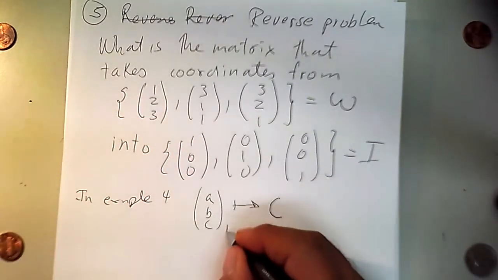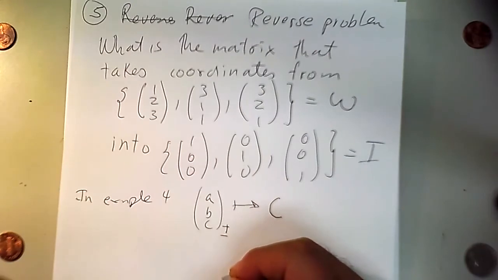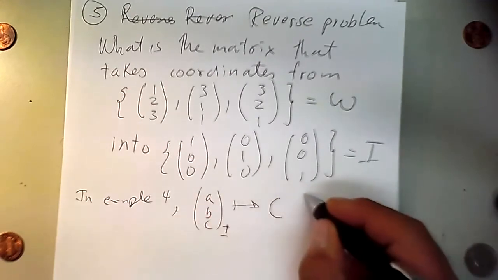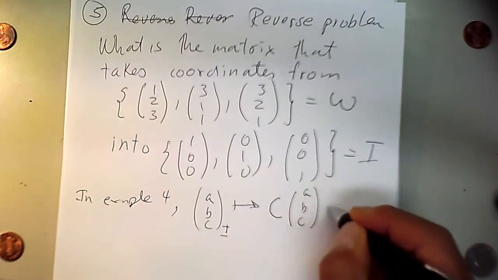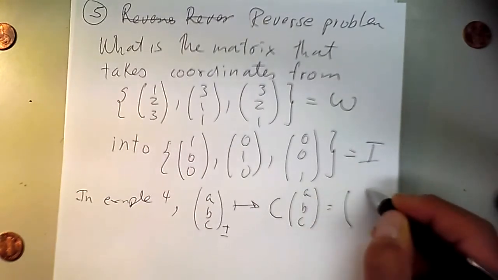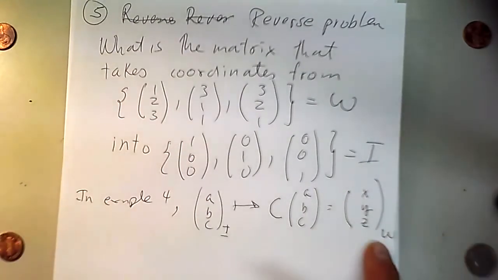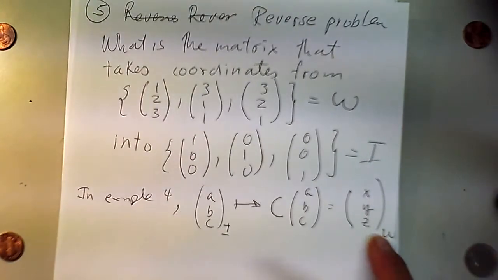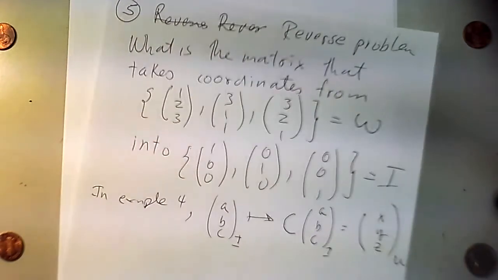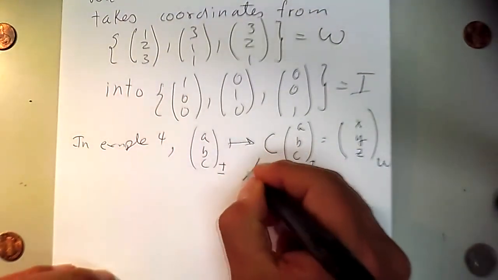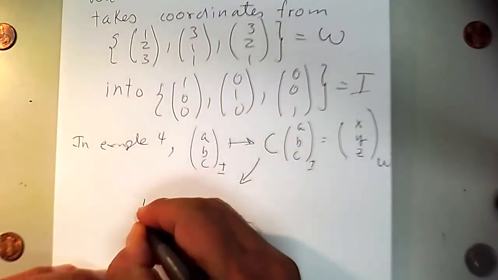So this is in coordinates in the standard basis, and we multiply with C to obtain a new vector X, Y, Z, which are the coordinates on the weird basis.